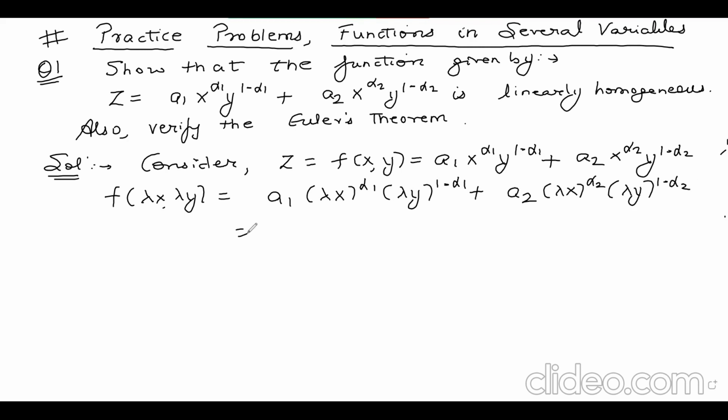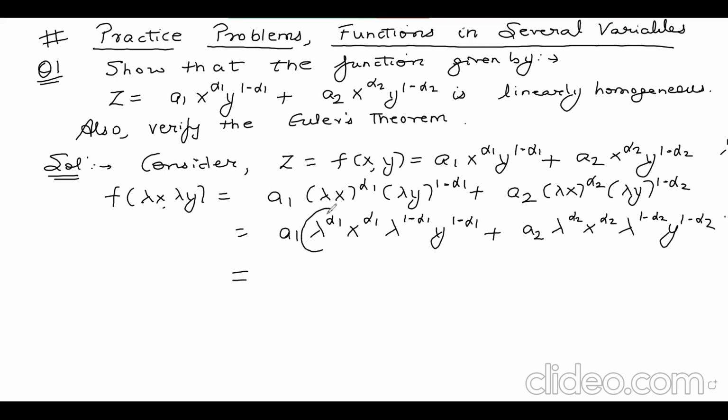So what do I get? This is a1 lambda to the power alpha 1 x to the power alpha 1 lambda to the power 1 minus alpha 1 y to the power 1 minus alpha 1 plus a2 lambda to the power alpha 2 x to the power alpha 2 lambda to the power 1 minus alpha 2 y to the power 1 minus alpha 2.